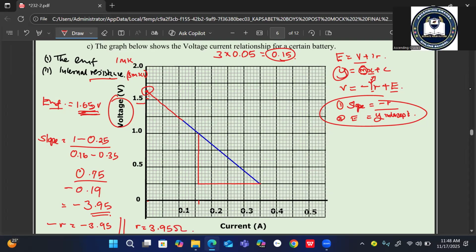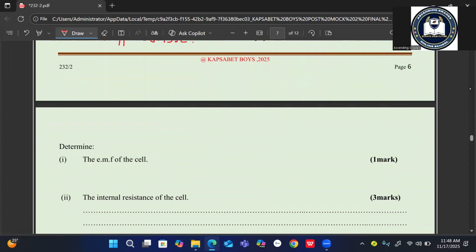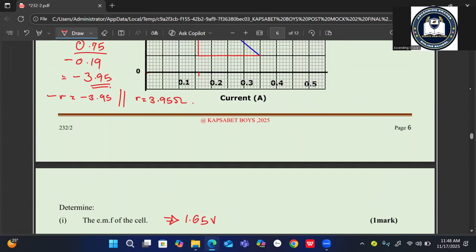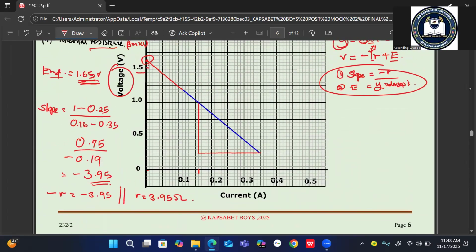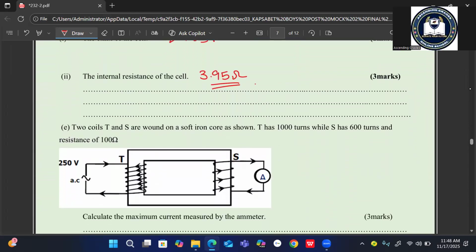That becomes our value. So the EMF here, we have seen that it is 1.65 volts, and this one is 3.95 ohms. So in case you want to know how, just get back to my presentation above. You can proceed.